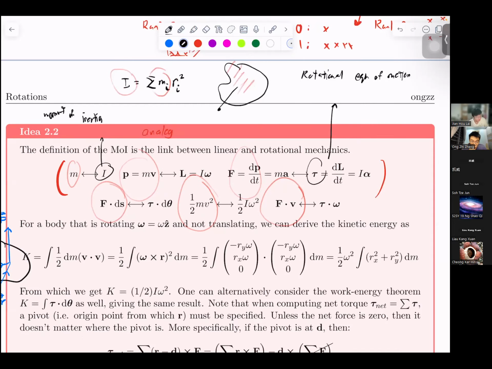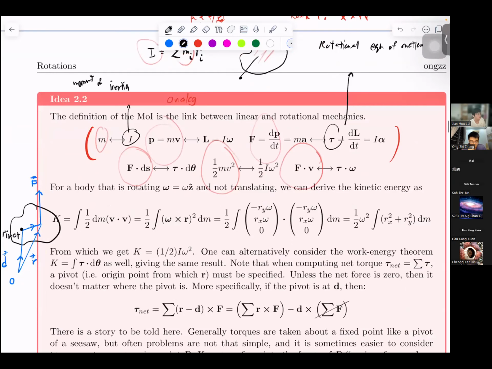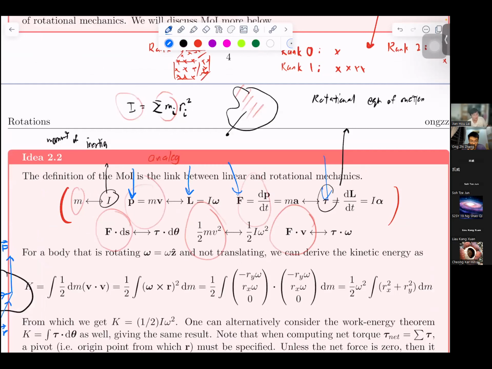Okay. Also, related to linear momentum, when we talk about angular momentum, the force related to it will be the torque. And in fact, it is called the rotational equation of motion. It means that if we are given this equation, then we can precisely describe the motion.